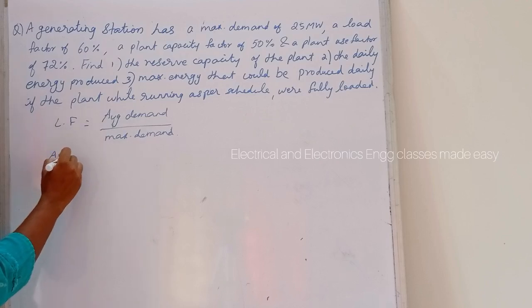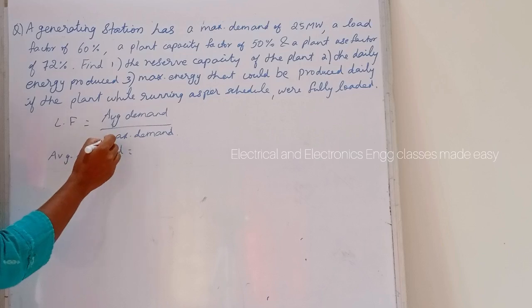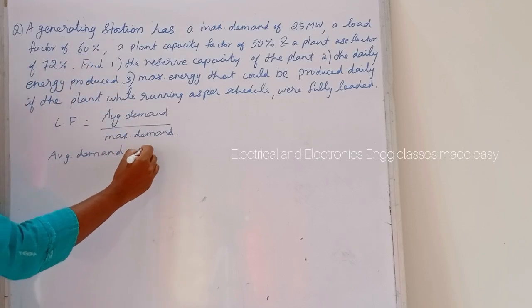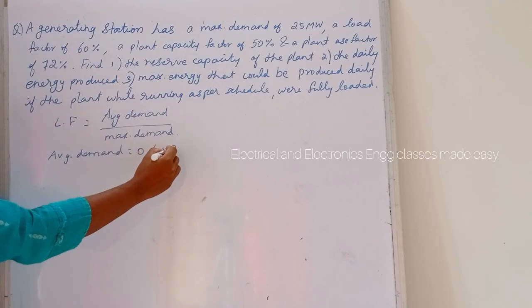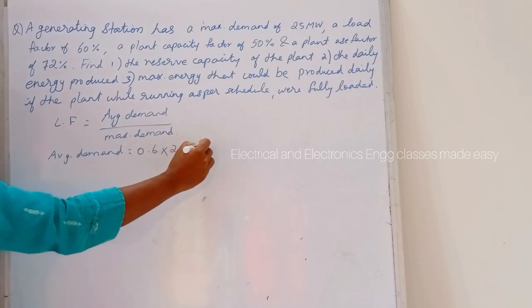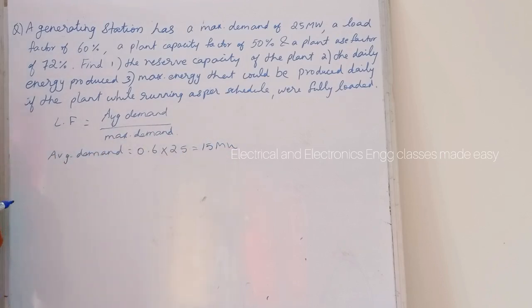Average demand is equal to load factor into maximum demand. So load factor is 60%, that is 0.6, into maximum demand 25 megawatt, so we get 15 megawatt as the average demand.